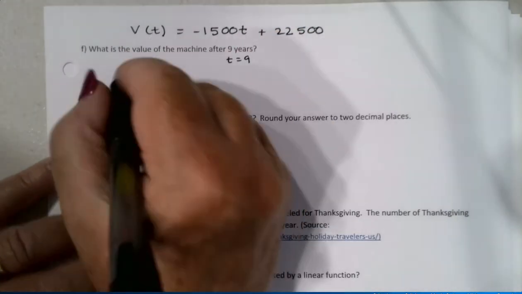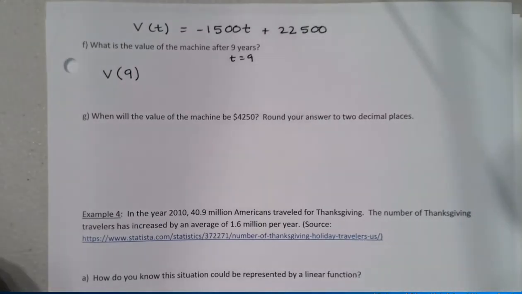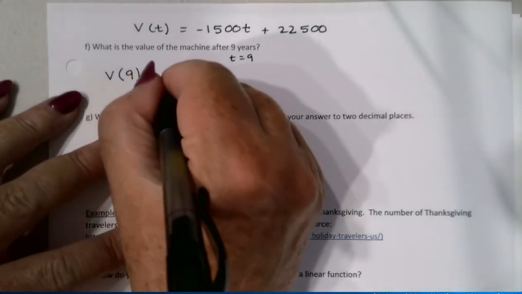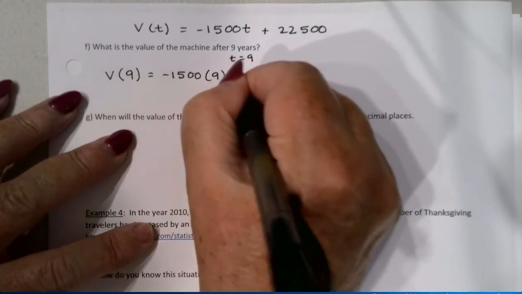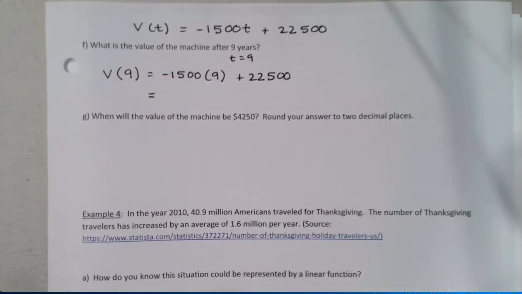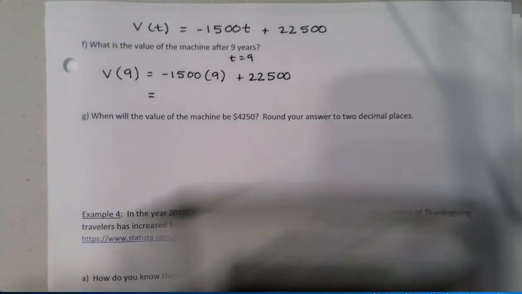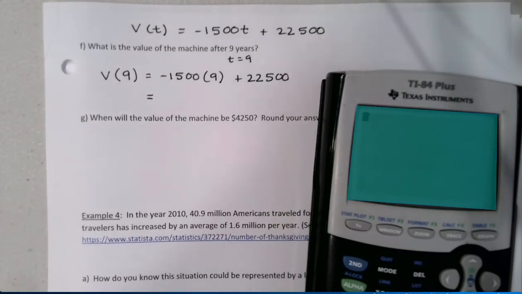So I'm going to find what is the value v of 9. And that just means plugging the 9 in for the t. I'm getting $9,000.